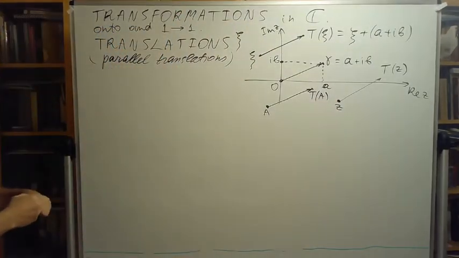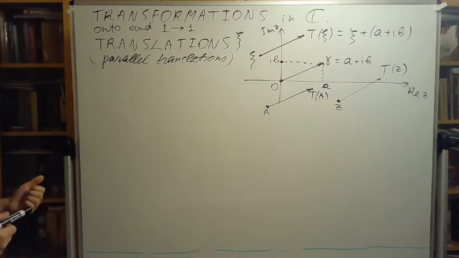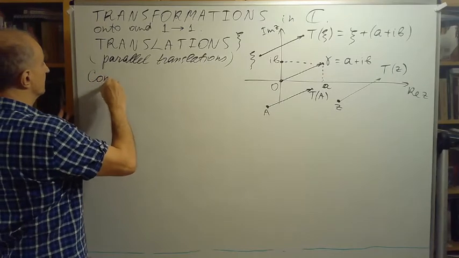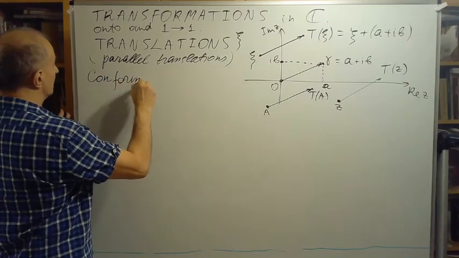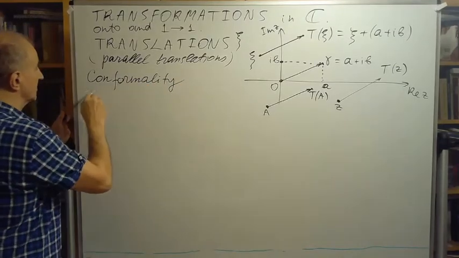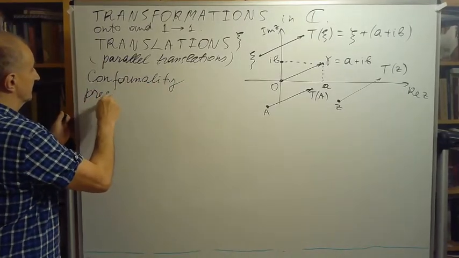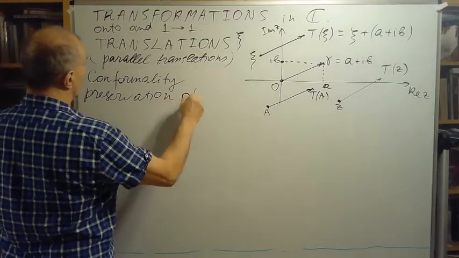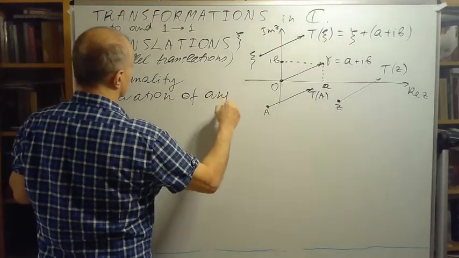Certainly, since it is an isometry, it possesses all the properties of isometries. In particular, we will be interested in one property, which is called conformality, or preservation of angles.